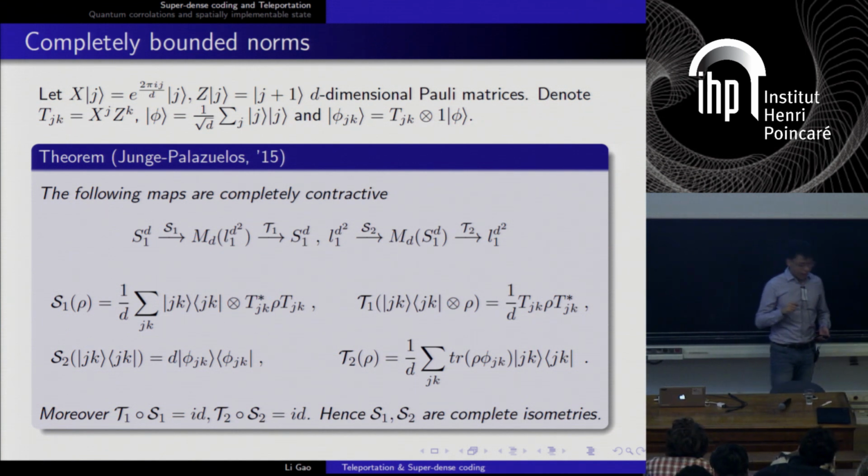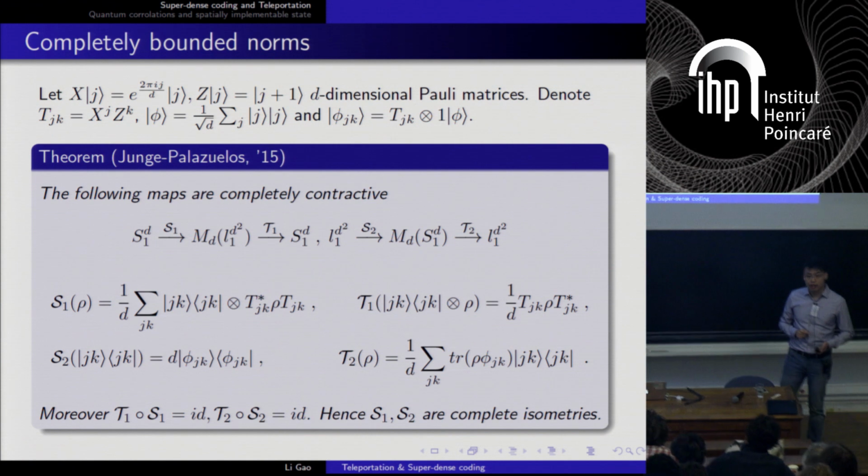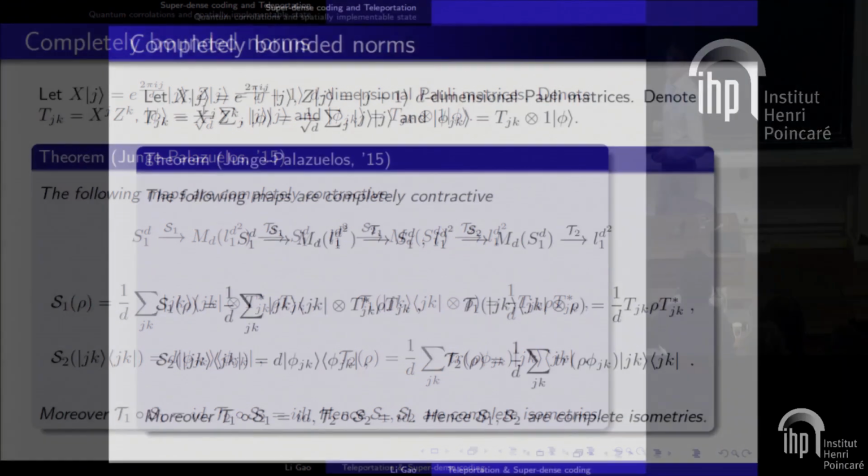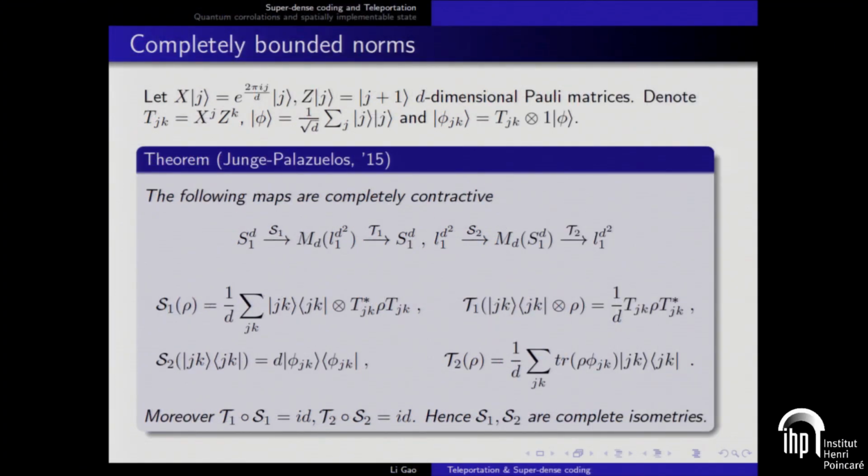Because in the protocol, everything is a quantum operation, so they are completely positive trace-preserving maps. The constant difference is because if you look at this rank 1 projection of the maximally entangled state and put it into the space MD S1D, it will have norm D instead of its trace being 1. So all these maps differ from the original protocol map by a scalar constant D.